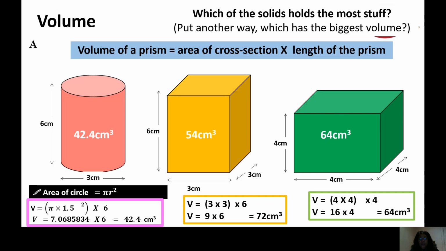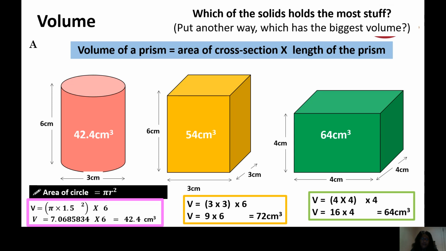So for the cylinder, the area of the cross section is the area of a circle, pi r squared, and the length is 6 centimeters. You should be able to find the volume of any prism by finding the area of the cross section and multiplying it by the length of the prism.